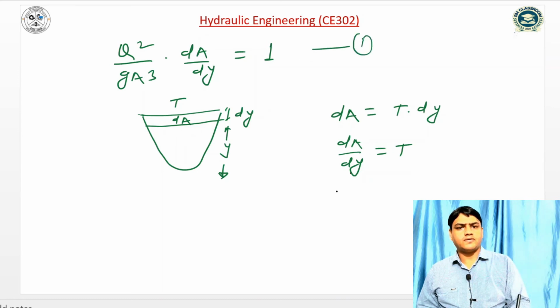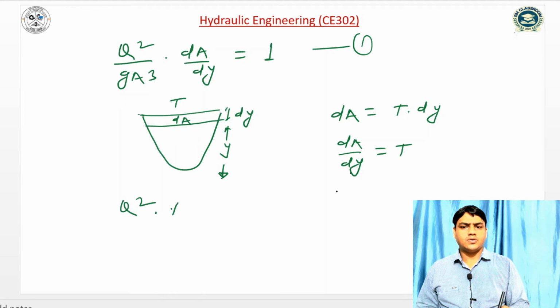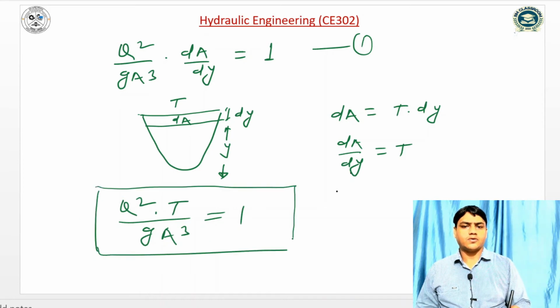So put the value of dA by dy in equation number 1. So it can be Q square into T divided by g A cube is equal to 1. So this is the condition for the critical flow, or condition for the minimum specific energy.